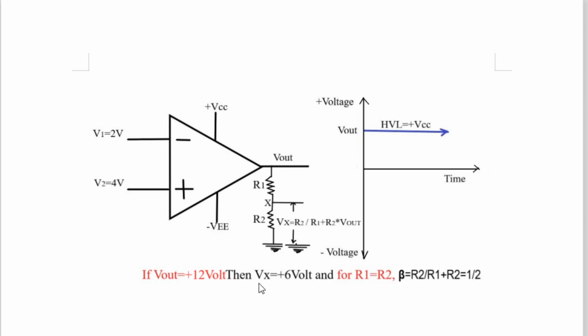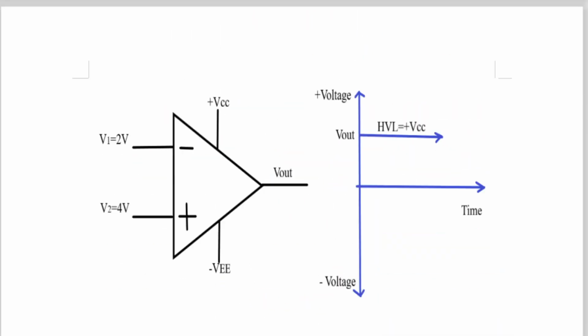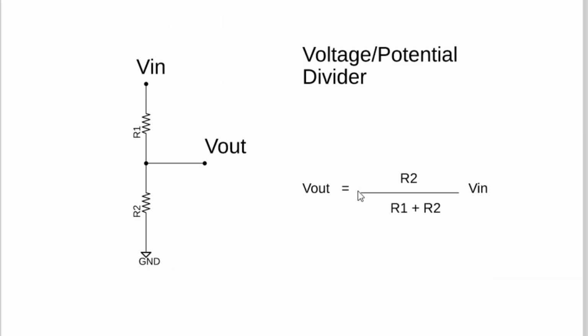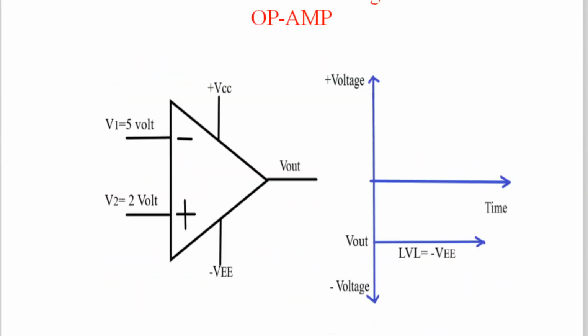So here, when this is 12 volt, with the potential divider circuit R1 and R2, if R1 is equal to R2, our Vx is, by using that potential divider formula, suppose R2 is 1 kilo ohm and R1 is the same, so the total is 2 kilo ohm. So 1 kilo ohm divided by 2 kilo ohm, and Vx is equal to half of the Vin, which here means half of the Vout.